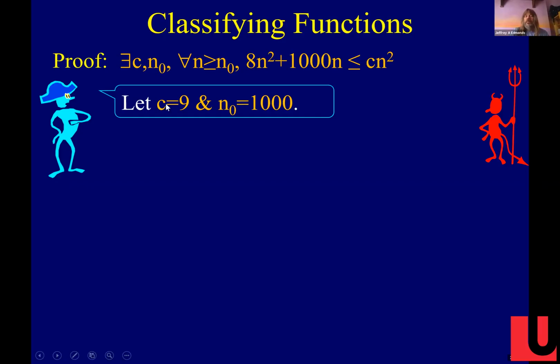Why did I make c to be 9? Well, I need it to be bigger than 8, and then I have to eat this somehow. The 9 is big enough: the 8 covers the 8n squared, and the extra 1 n squared is going to beat the 1,000n. So let's prove it.